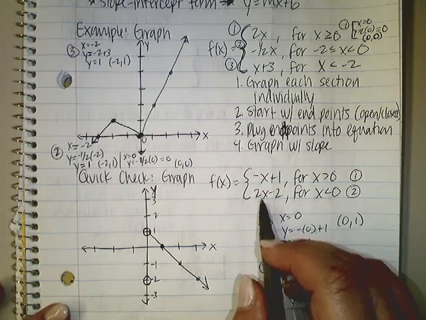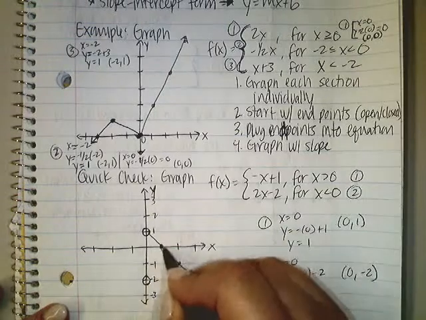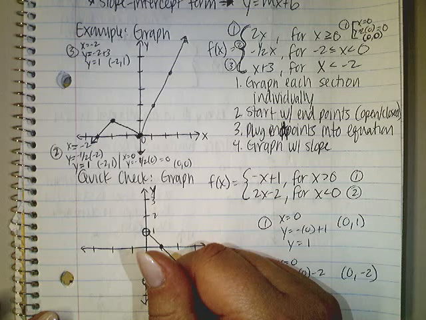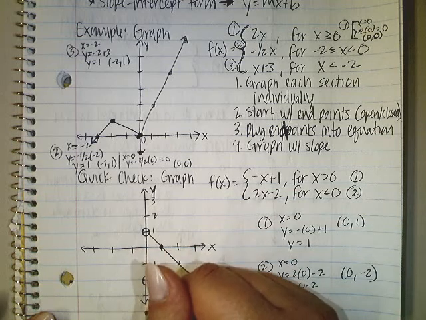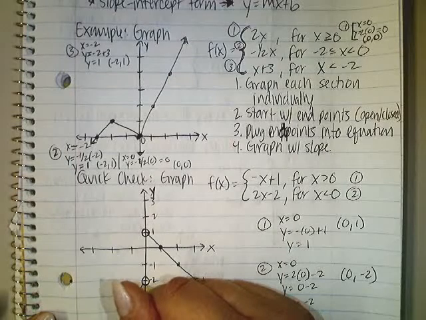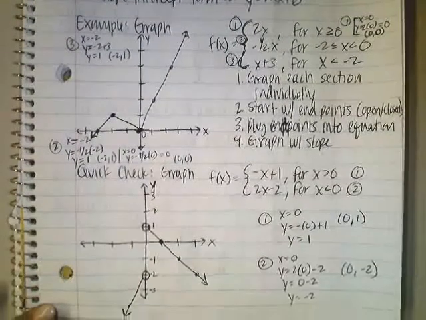I would want to go up 2 over 1, but since I can't do that, I have to go the other way and go down 1, 2 over 1, and my slope would actually be down this way.